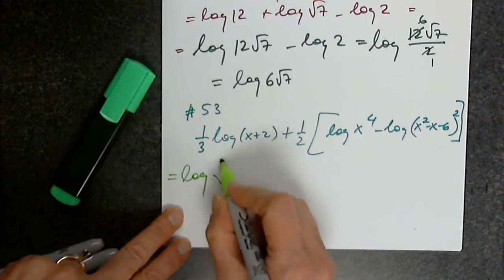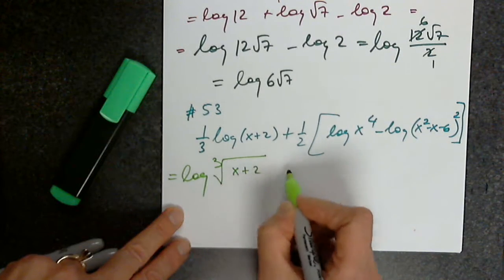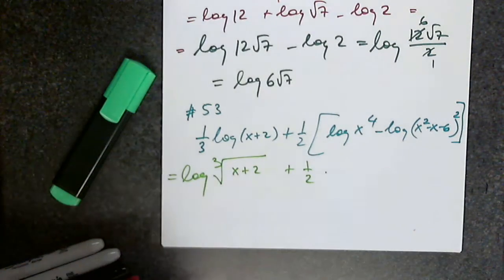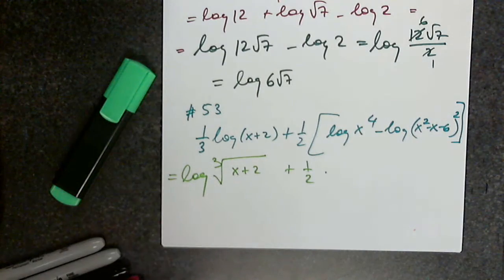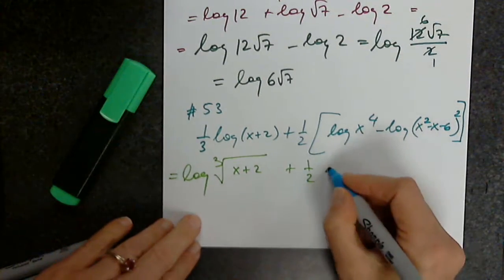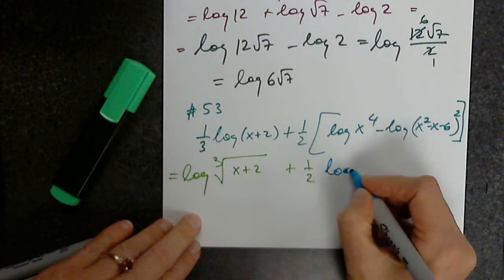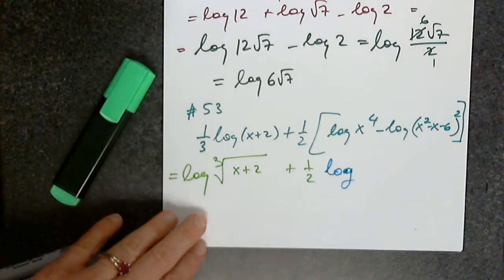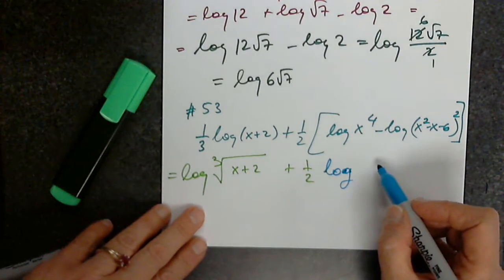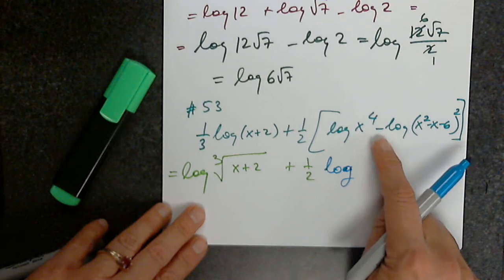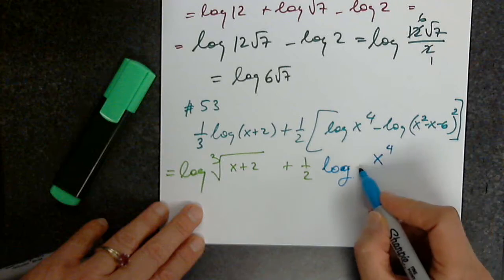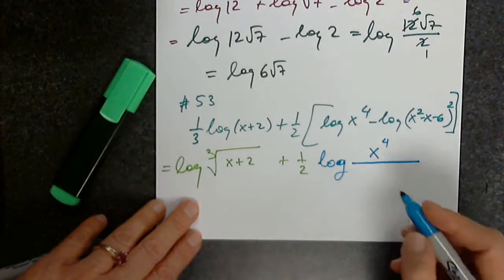The cube root of x plus 2, plus 1/2. Let's see what we have in brackets. Log of what? It's a minus. Oh, so it's the log of x to the 4th divided by x squared, not divided by every log x. That's it.